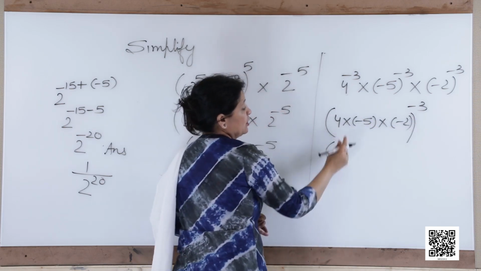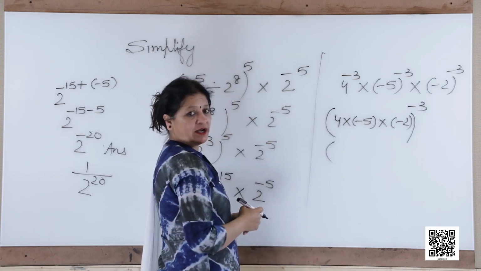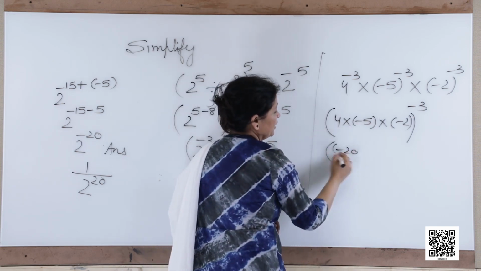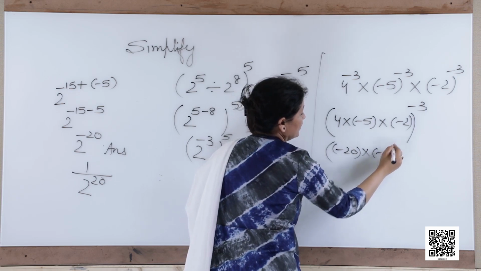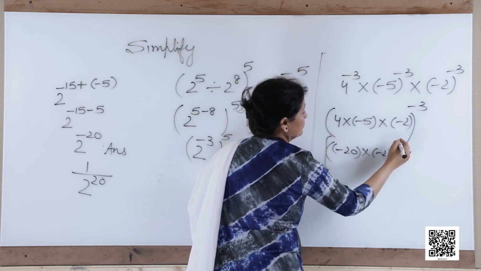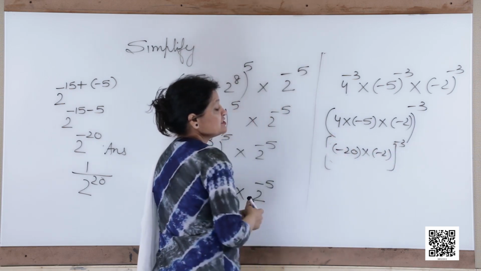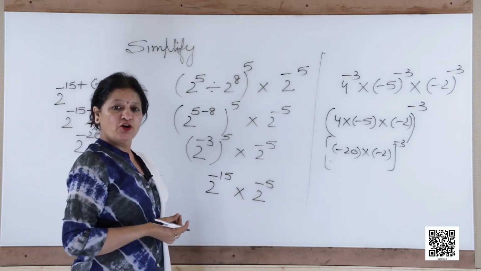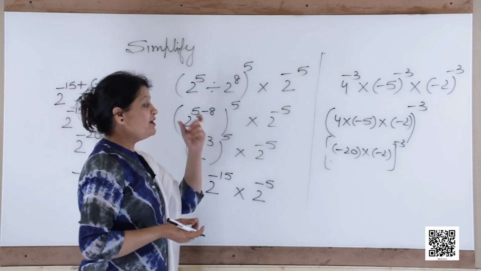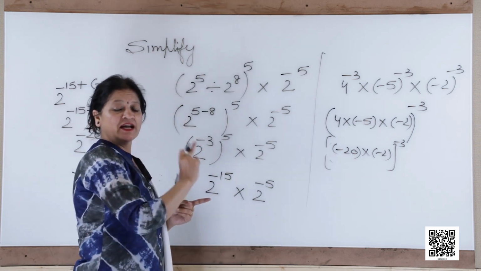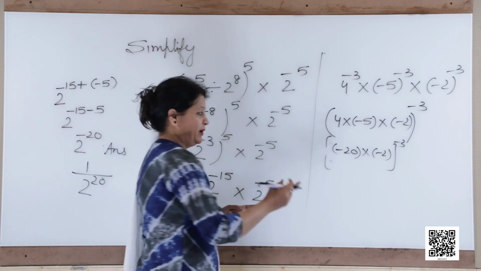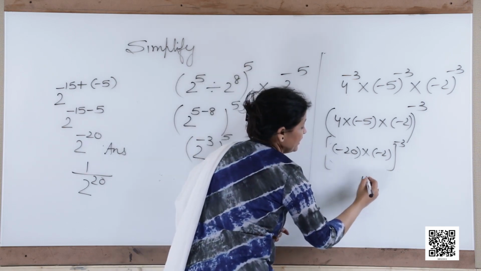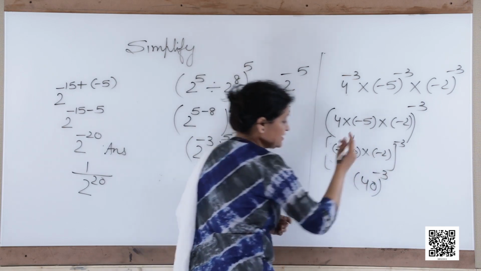So it will be 4 into 5, minus 20, multiplied by minus 2, and the power outside is minus 3. So minus 20 into minus 2. Minus 40 or 40? It will be 40 because minus minus will become plus. So it will be 40 raised to the power minus 3.